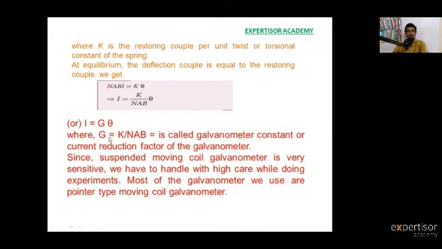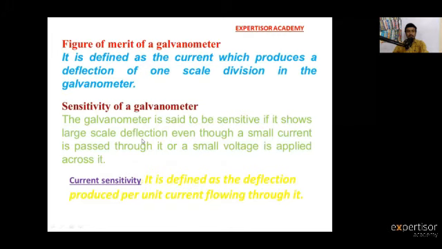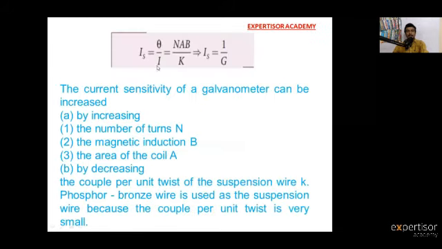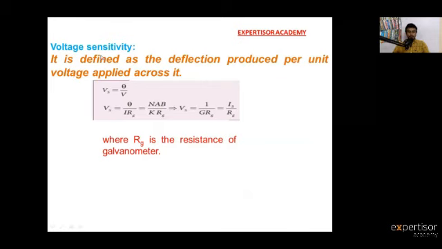Galvanometer constant G is equal to K divided by NAB. And also we found the sensitivity of the galvanometer, current sensitivity and voltage sensitivity.